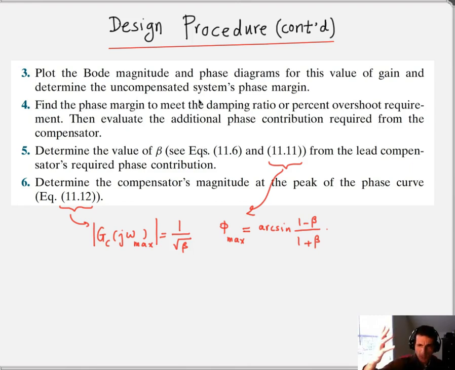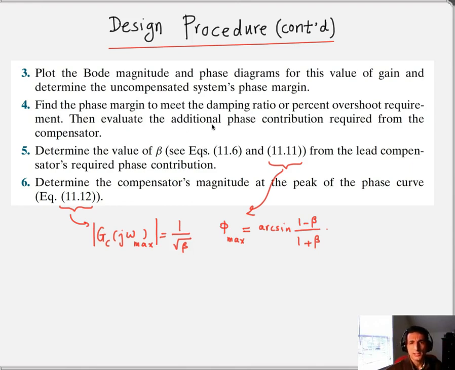You're either given the desired phase margin, or the desired damping ratio, or the desired percentage of overshoot. Really these are all equivalent, so you somehow have to find the desired phase margin. This is very similar to what you saw before for both lag compensation and simple gain compensation.